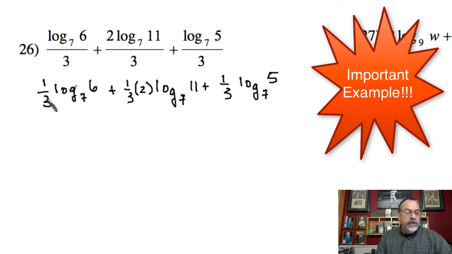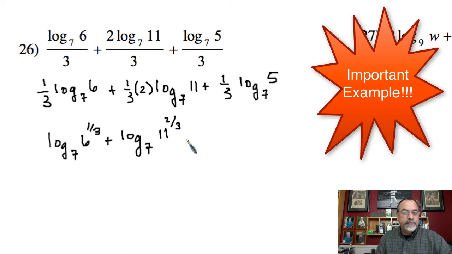Okay, so we can move this up here, so this is log base 7 of 6 to the 1/3 plus, now this is 1/3 times 2, so that's 2/3. So this is log base 7 of 11 to the 2/3. And then we have log base 7 of 5 to the 1/3.